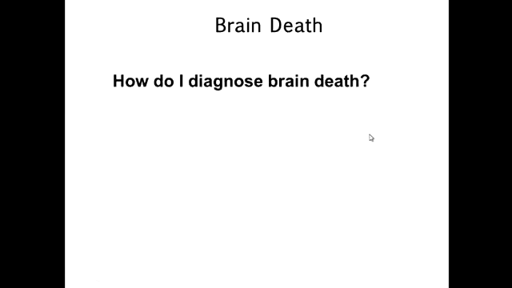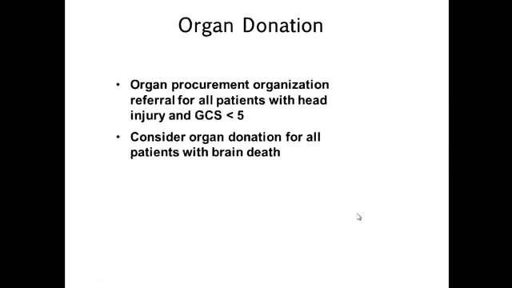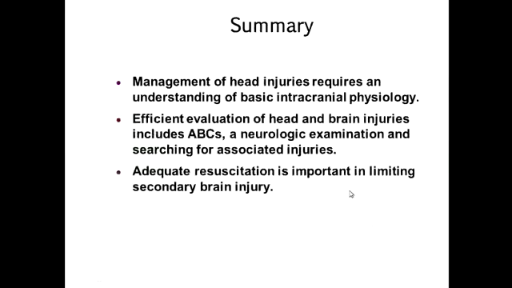How is brain death diagnosed? It's diagnosed by an unresponsive patient who has bilaterally dilated and non-reactive pupils in the absence of brainstem reflexes, who makes no spontaneous ventilatory effort on formal apnea testing. These patients can be preserved and are possible candidates for organ donation.